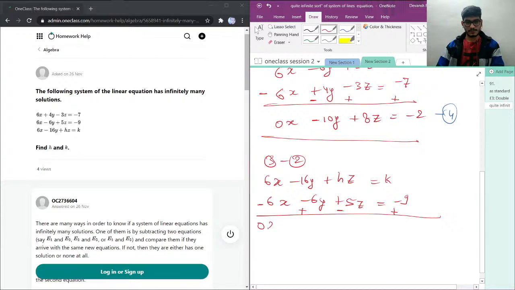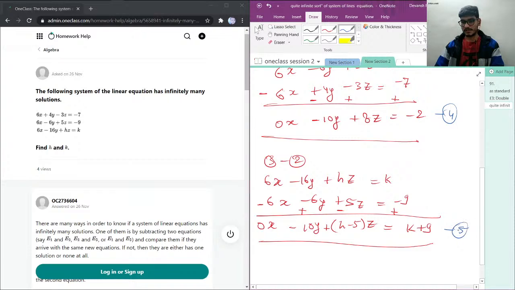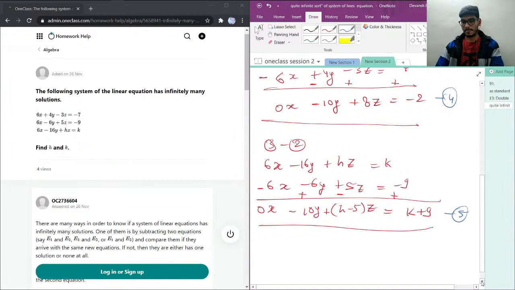So again this will be 0x, and this will be minus 10y. This will be h minus 5 times z, and this will be k plus 9. And let's say this is equation number 5.